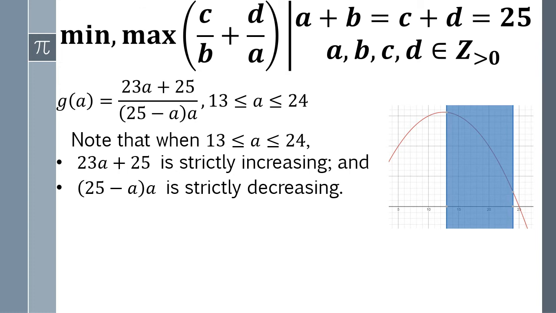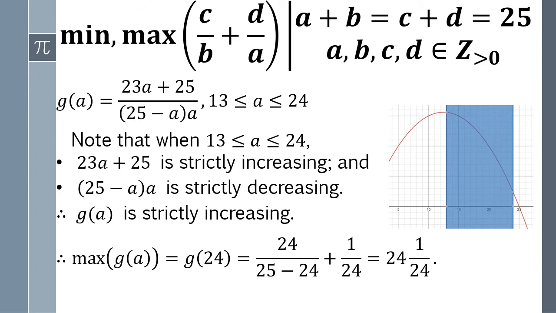Then G(A) is a strictly increasing function divided by a strictly decreasing function, which results in a strictly increasing function of A. Then G(A) reaches its maximum value when A is at its upper end, which is 24.